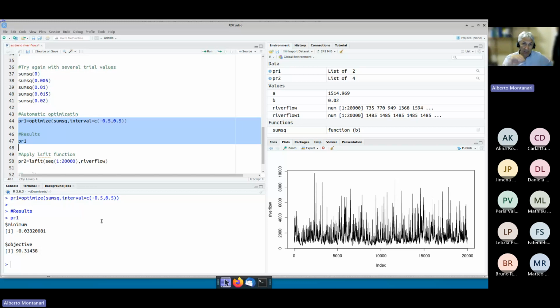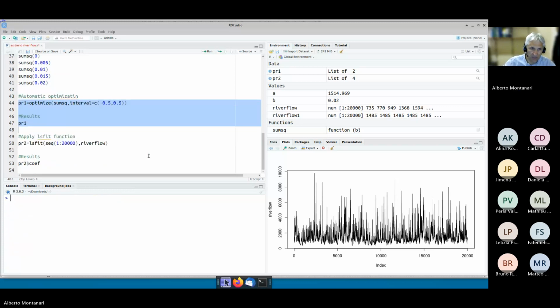How can we get this uncertainty range for the slope? Let me clear the console. You may remember that we used the lsfit function here, okay? And this is still there. It refers to least squares, and the result of lsfit was placed into a list.